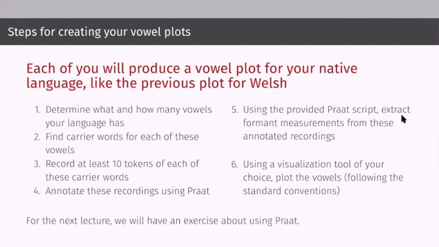And figuring out how many vowels your language has is not simple. So you have to do some exploration, maybe look at some descriptive grammars of your language. Start with the Wikipedia page, where often the bibliography will have references for grammars or other works that could help you.